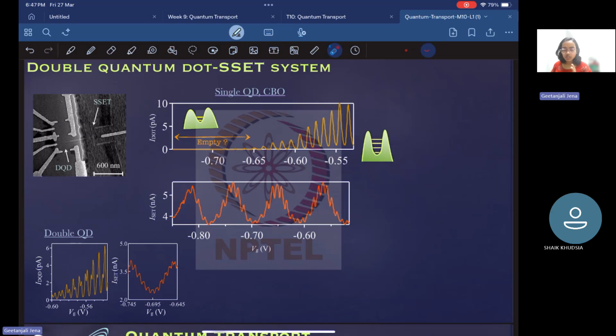For this case, if you recall, in the low current region, even if the current is low, we can still see oscillations in the current through this SET. Okay, so that is why we are using the SET.